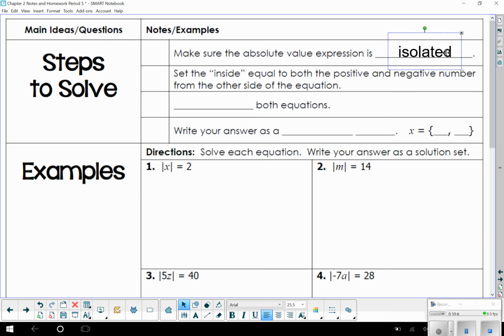Okay, very important. Set the inside equal to both the positive and negative number from the other side of the equation. Okay, we're going to have to show you what that means in a second. But number 3, after you do that step, what do you think you're going to do afterwards? Well, only one thing to do. Solve.